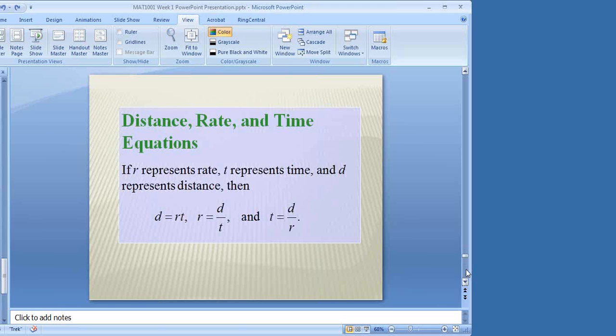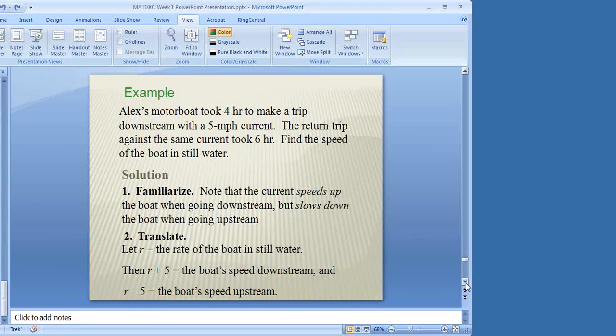All right, motion. If you know distance equals rate times time, you can isolate any of those variables. Okay, so if you've got a motorboat that took 4 hours to make the trip down with a 5-mile-per-hour current, and the return trip, you're going against the current, took longer, 6 hours, what's the speed of the boat in still water?